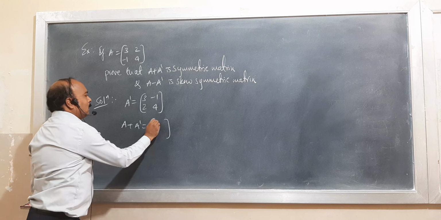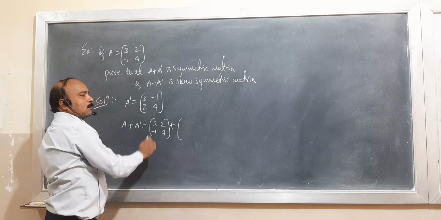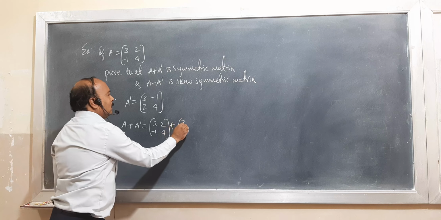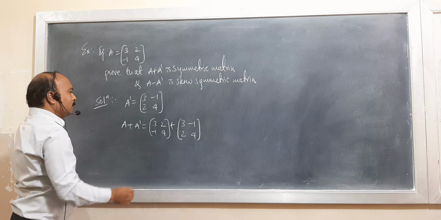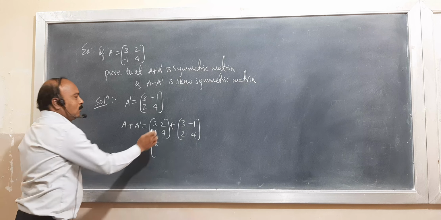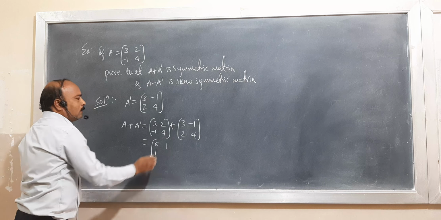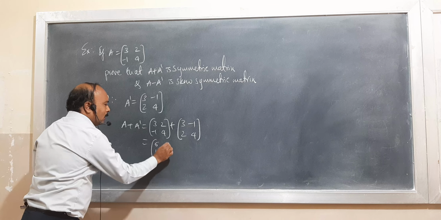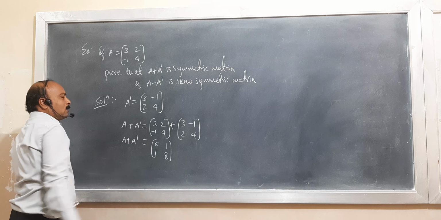A is 3, 2, minus 1, 4 plus it is 3, minus 1, 2, 4. Now we can add both. 3 plus 3 is 6. 2 minus 1 is 1. Minus 1 plus 2 is 1. 4 plus 4 is 8. It is the matrix A plus A dash.